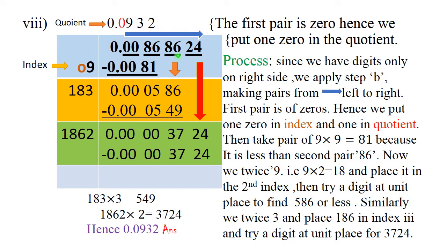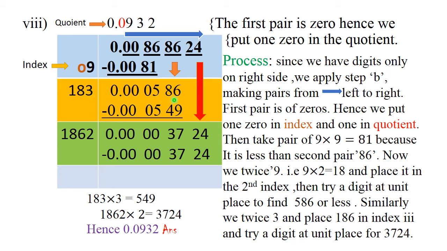Now in the index, twice the first digit we have 18. Now we search for a number to place at the unit place just to have the answer required at this stage.